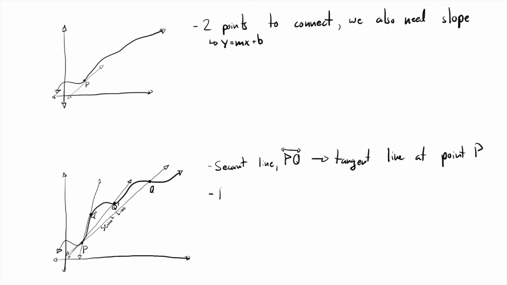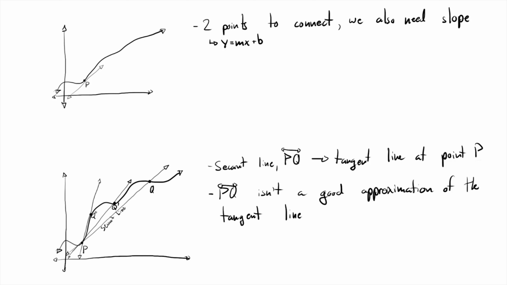So we have our line PQ, and our line PQ isn't a good approximation of the tangent line at P. But what happens if I bring Q closer to P?